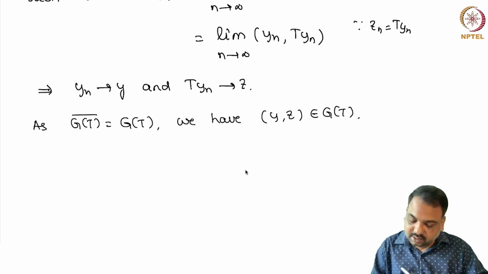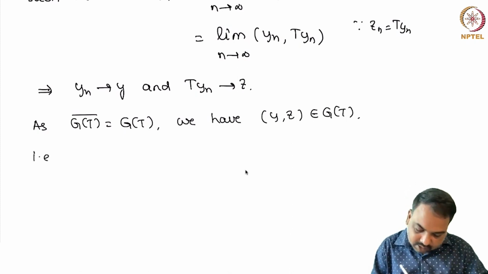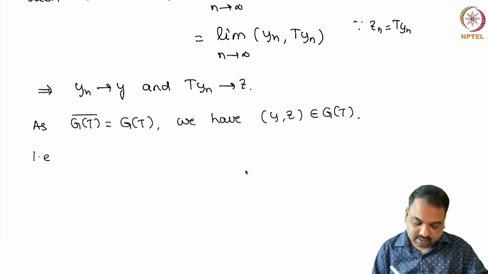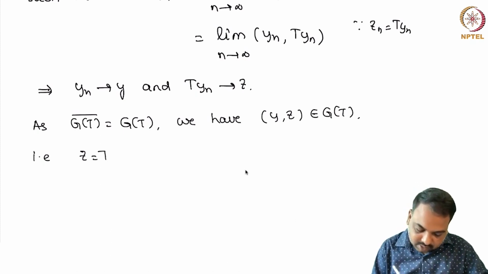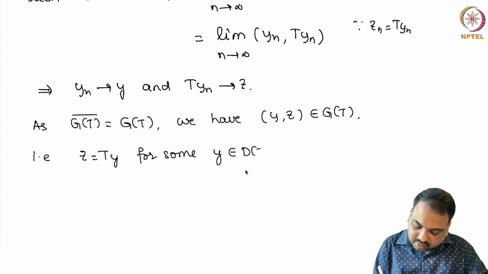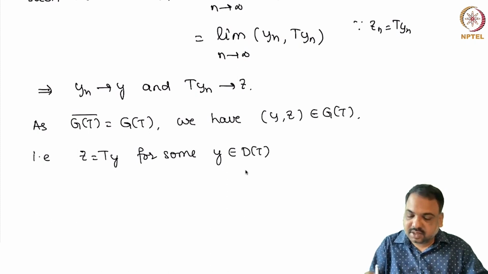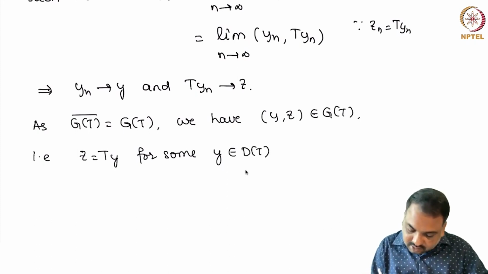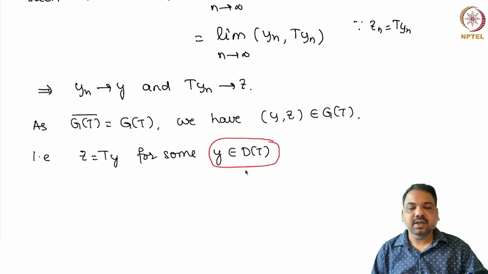So z is of the form Ty, for some y that has to come from the domain of T. That means automatically we are concluding that this y is in the domain of T and z is nothing but Ty.